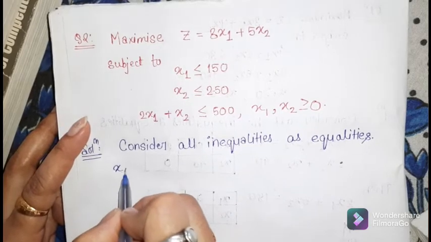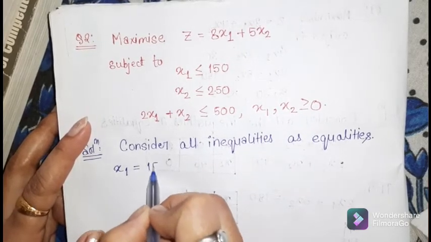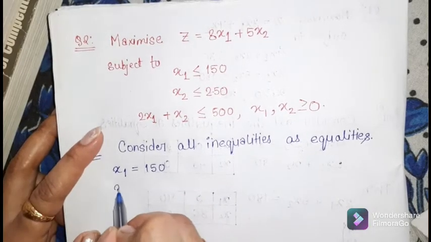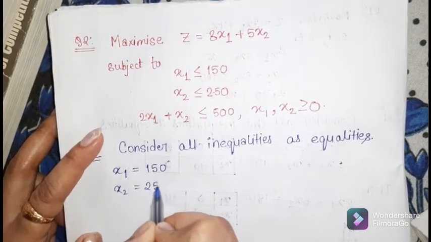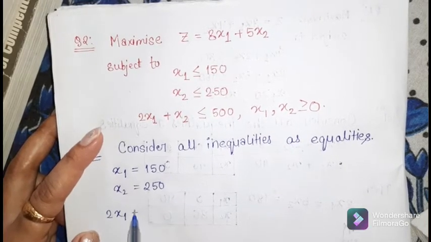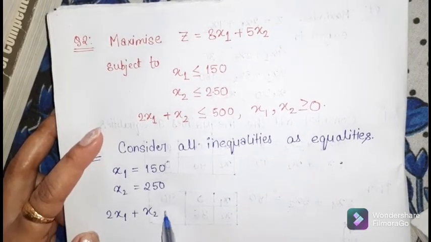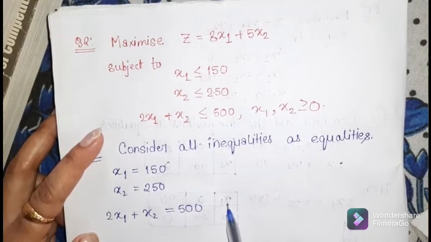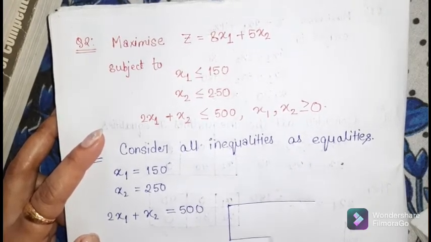Means we have to consider x1 equals 150. Here nothing to solve, directly we have x1 equals 150, x2 equals 250, and the third one is 2x1 plus x2 equals 500. Here we have to solve this.